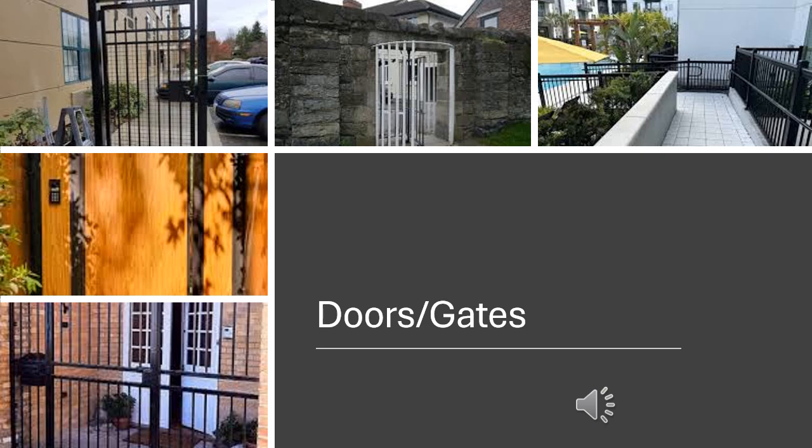Also, having not enough, like not recommending a gate or a door, or putting a door that you can't see through, or a gate, in order to see on the other side, that can be a liability concern.